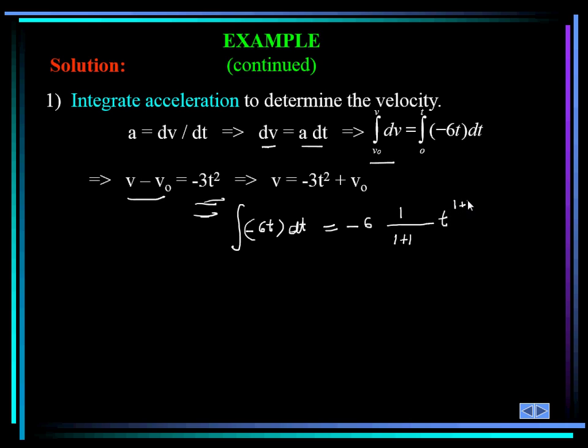So what you have is minus 6 times 1 divided by 2 t squared, and this is what gives you minus 3t squared, which is what you see in here.